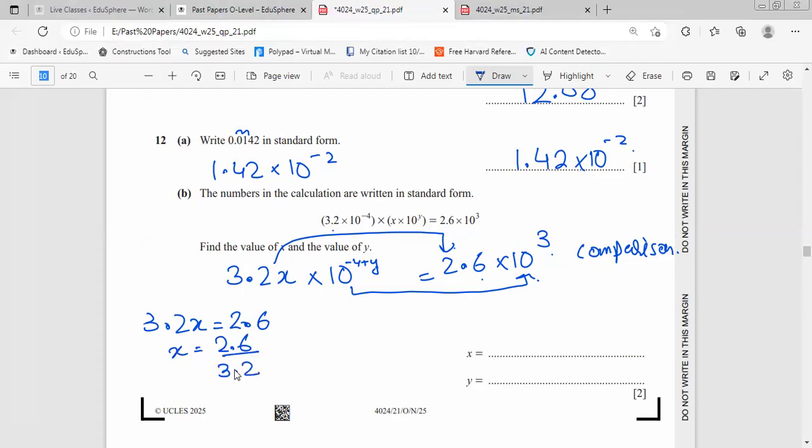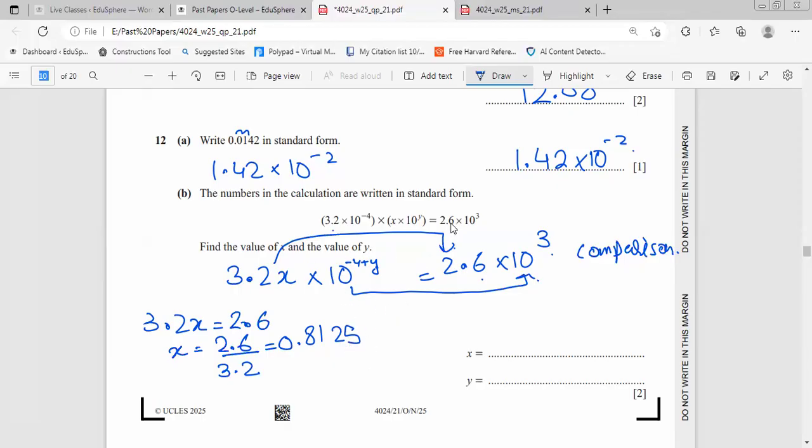So let me see the value by dividing it. I'm going to divide 2.6 by 3.2, so I get the value as 0.8125.